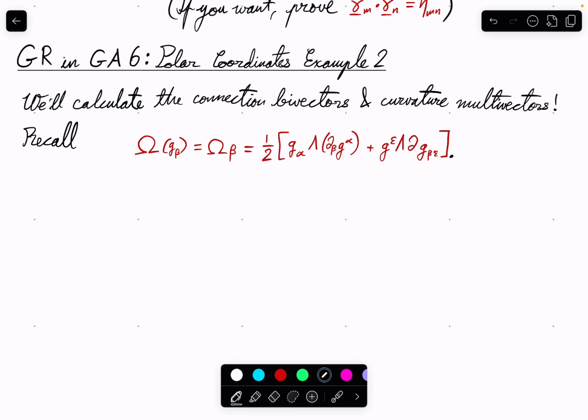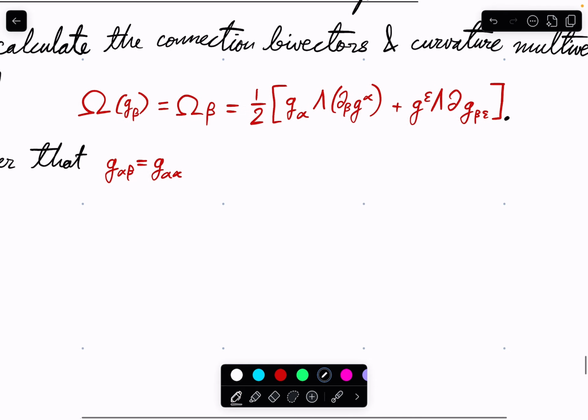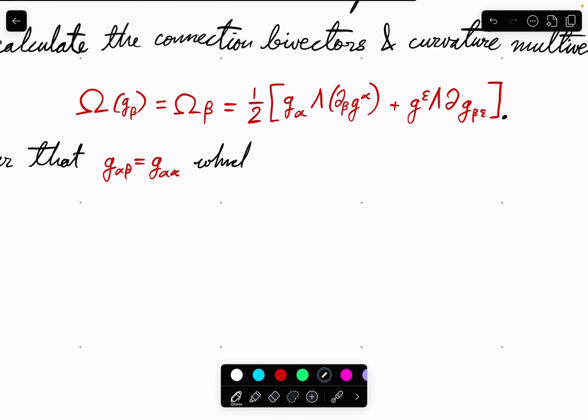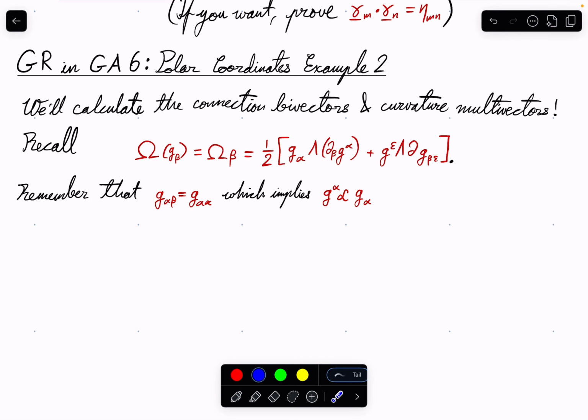Now remember that we showed in the last video that the metric was diagonal, meaning that g_alpha beta is equal to g_alpha alpha, which implies that g^alpha is proportional to g_alpha.